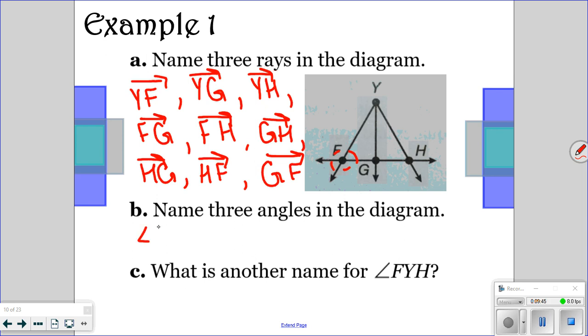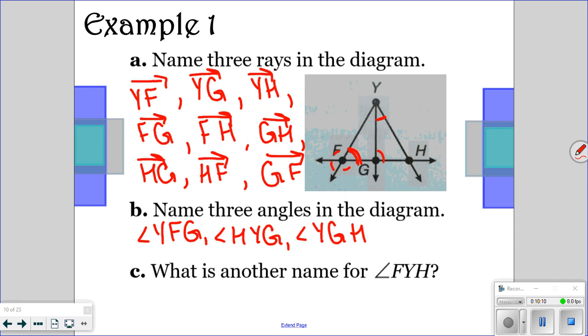So angle YFG would be 1 angle here. If we wanted to pick this angle up here, do you see how there are multiple angles? You're going to want to pick 3 letters. So HYG. I could also pick this angle here. That would be angle YGH.